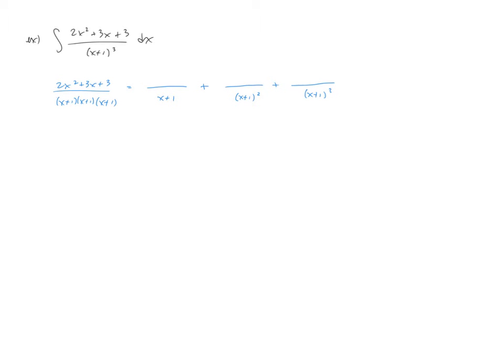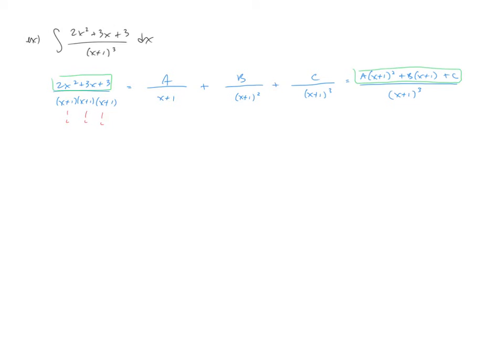Now they all came from linear factors, therefore we're still going to have the A, the B, and the C on top. Then I set this equal to, and I'll combine now, A times x plus 1 squared plus B times x plus 1 plus C, all over x plus 1 cubed. Now I'm going to take this numerator and set it equal to the original numerator.